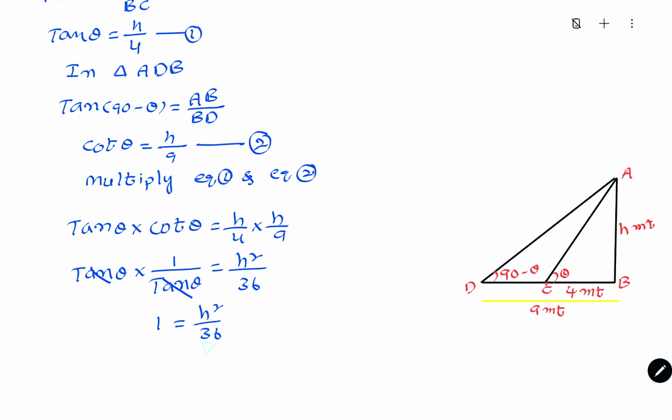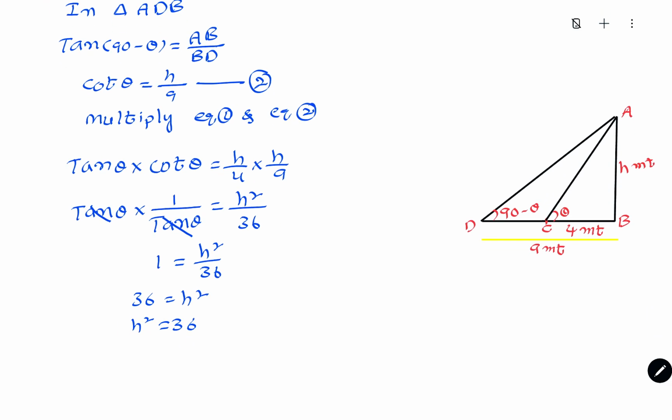Transpose 36 from RHS to LHS, then 36 into 1 is 36, equal to h square. So h is equal to the square root of 36, h is equal to 6. Therefore the height of the tower is 6 meters.